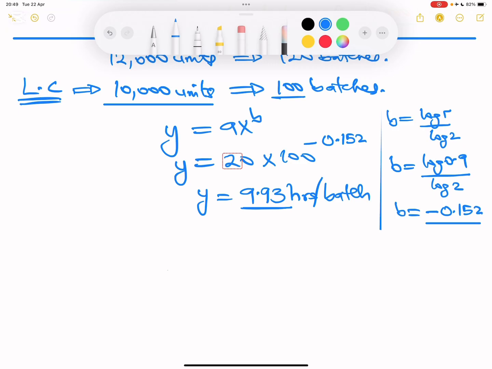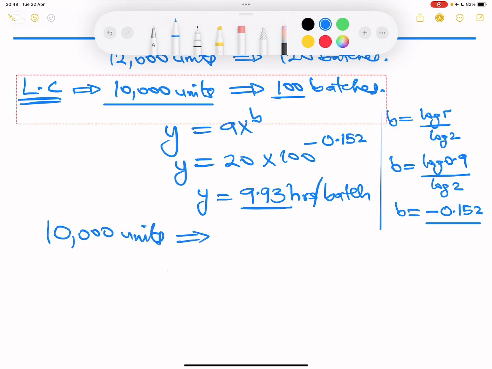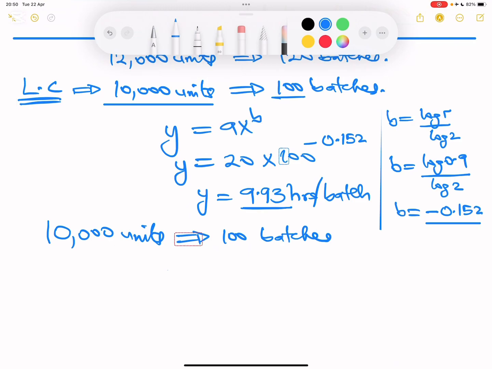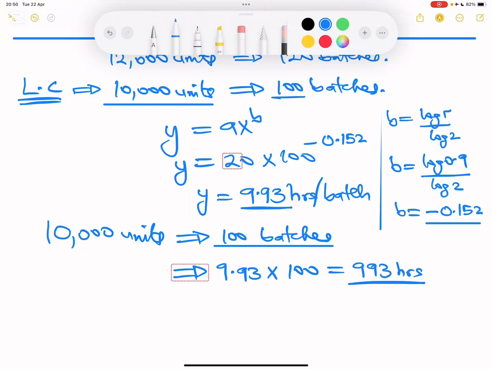Now we can know the total cost for 10,000 units, because 10,000 units is equivalent to 100 batches. Anytime we produce these 100 batches, the average time for one batch is 9.93. Then the total for those 100 batches will be 9.93 times 100, and that will give us total hours of 993 hours.